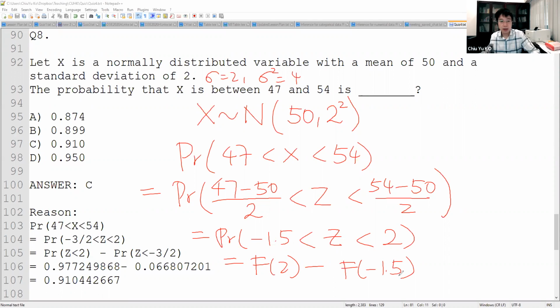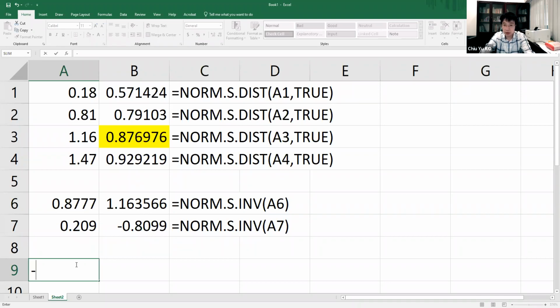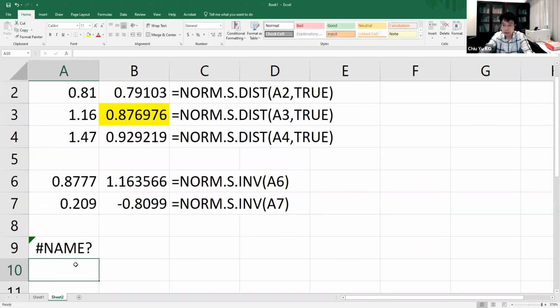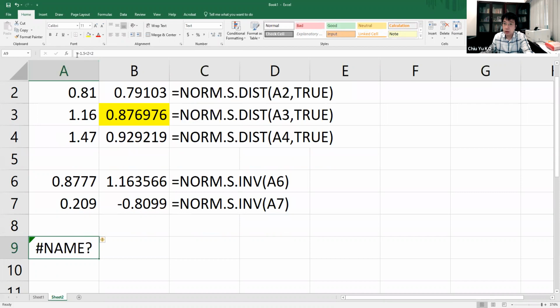So let's see this thing in Excel. We're asking Z is between negative 1.5 and 2.